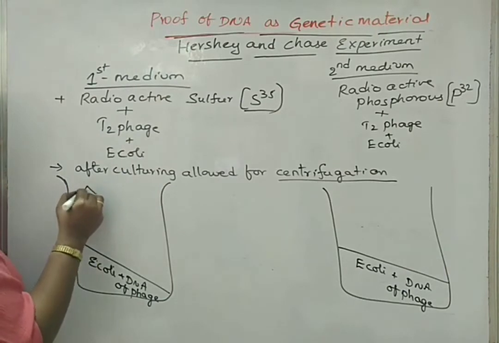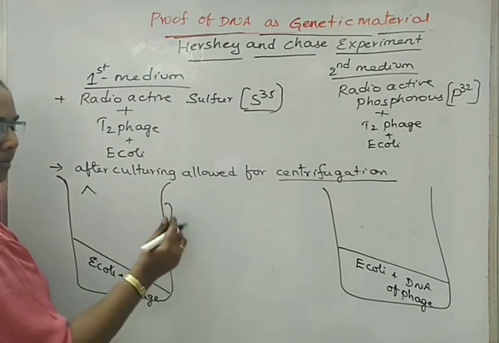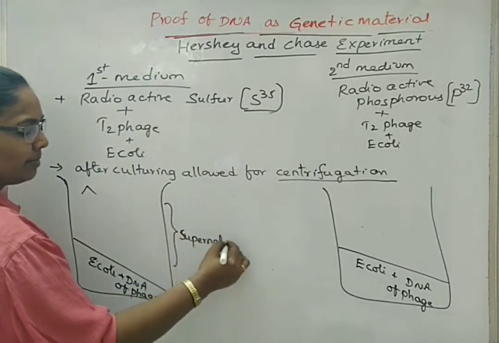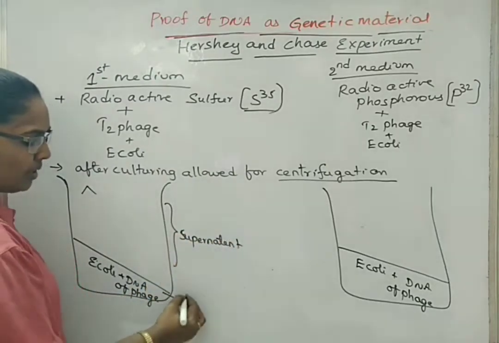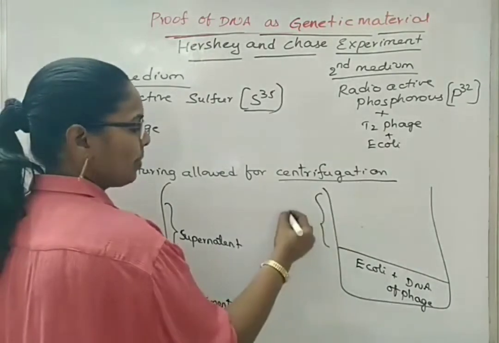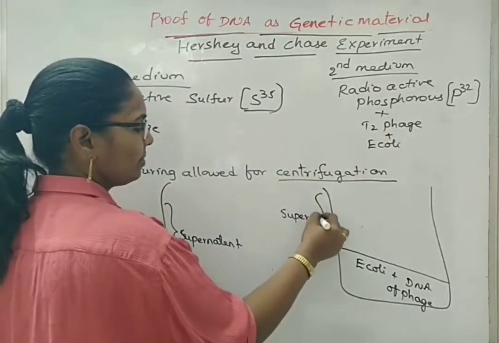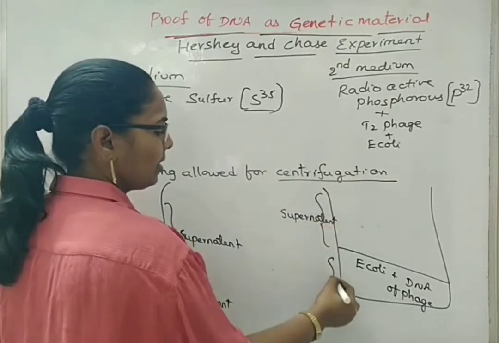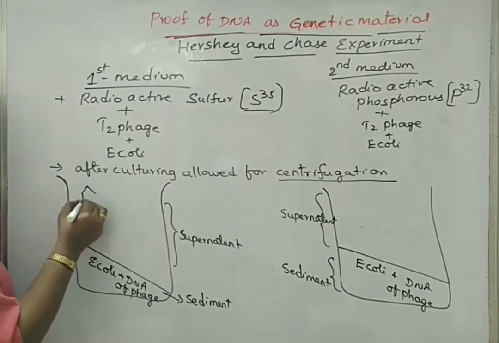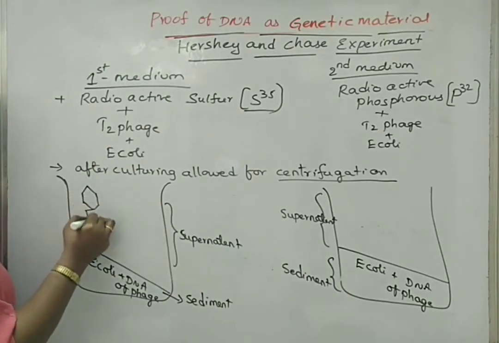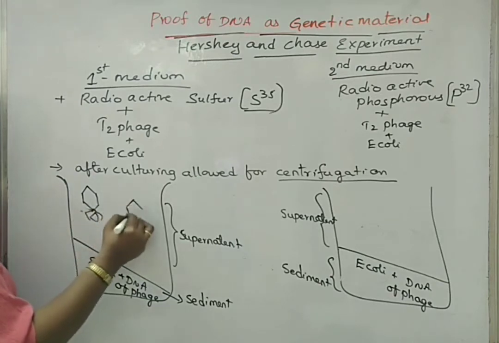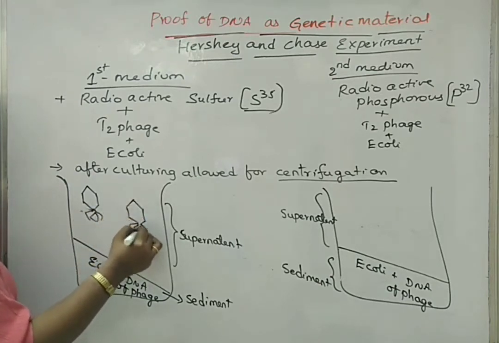So here we can see the supernatant, this part which is on the uppermost area is supernatant. The bottom settled one is sediment. Here also this part will be supernatant. This part will be sediment. Here there will be the protein coats which are exhibiting the radiations.